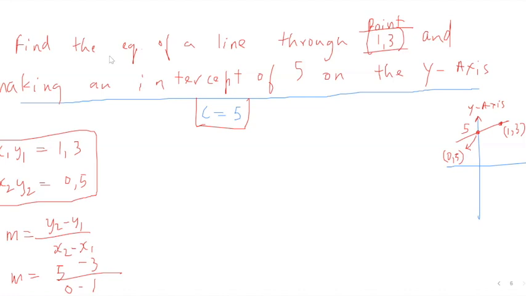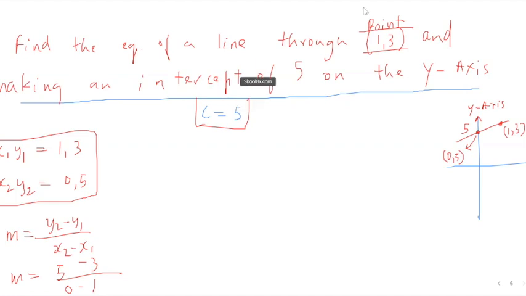Okay. So just reading through the problem: find the equation of a line through this point and making an intercept of 5 on the y-axis. That statement translates to c is equal to 5. Y-intercept is 5.